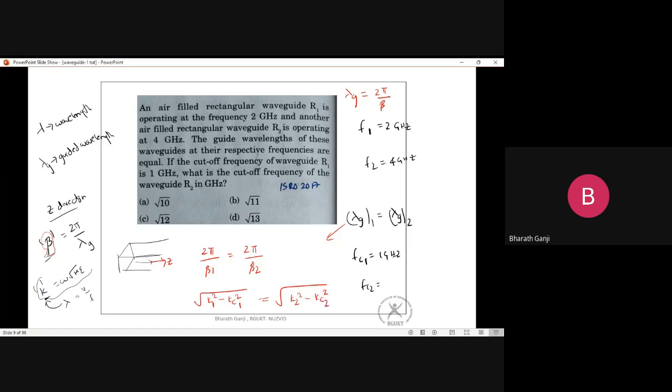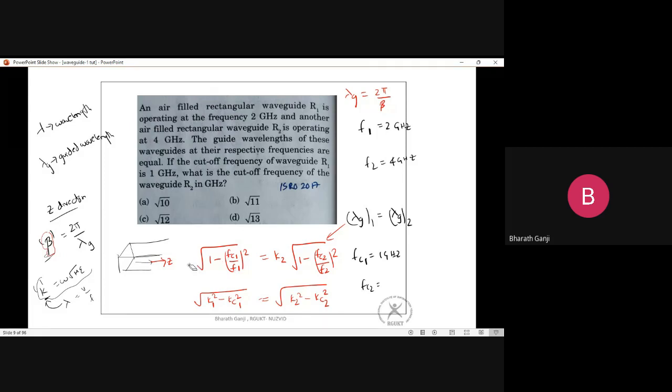On both sides I take k1 and k2 common, so I get k1 times square root of 1 minus (fc1 by f1) whole square is equal to k2 times square root of 1 minus (fc2 divided by f2) whole square. You can understand that kc1 divided by k1 is nothing but the cutoff frequency divided by the operating frequency.